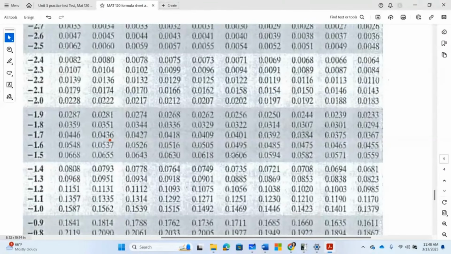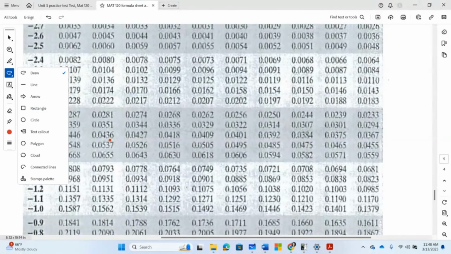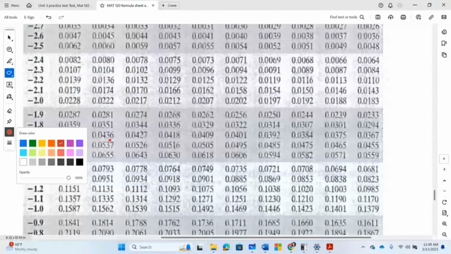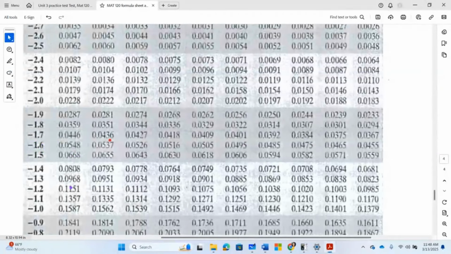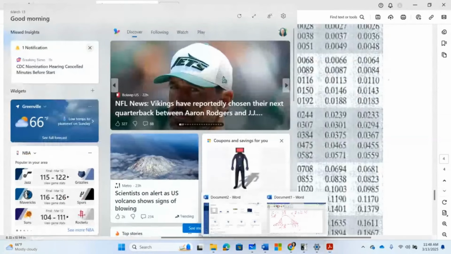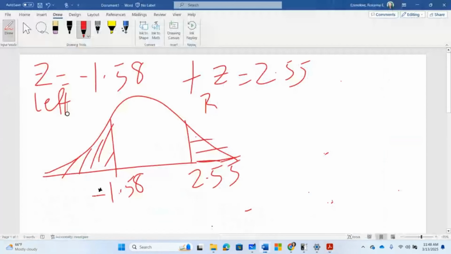Then I'm going to put this in my chart here.